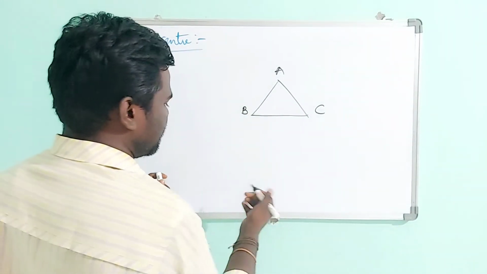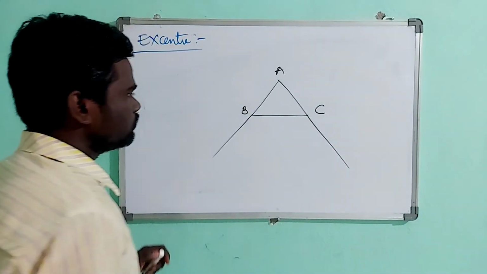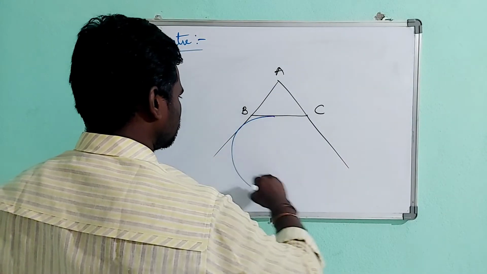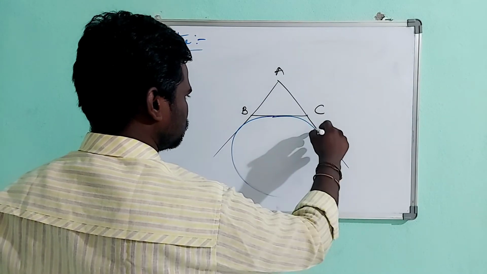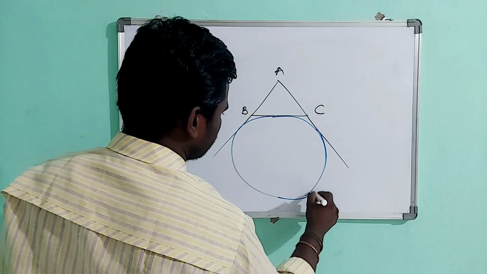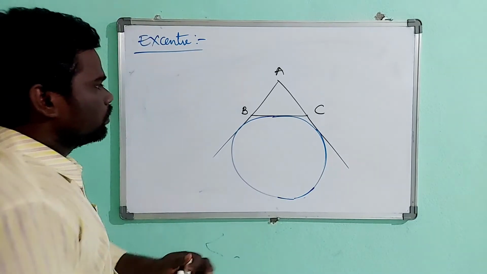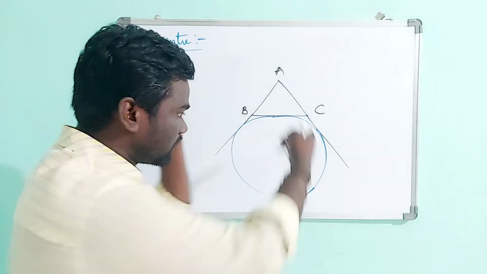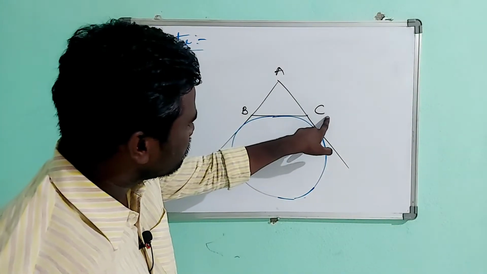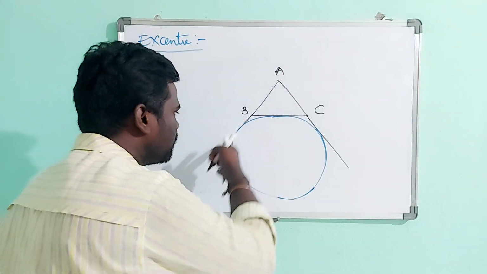So how it happens is, if I extend these two sides and draw the circle like this, this is the circle which touches all the three sides externally. So for BC it is an external touch, for AC it is an external touch, and AB also is an external one.